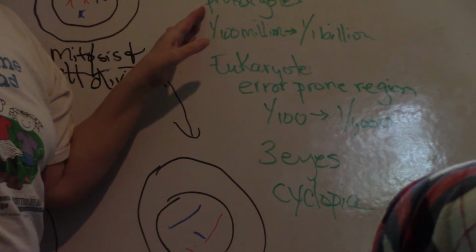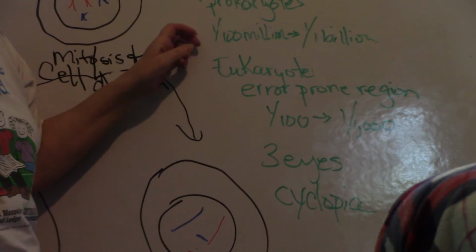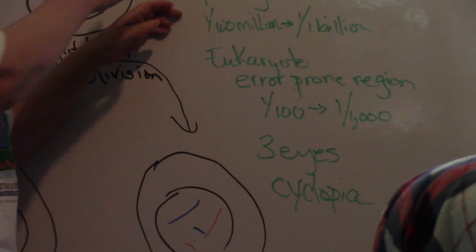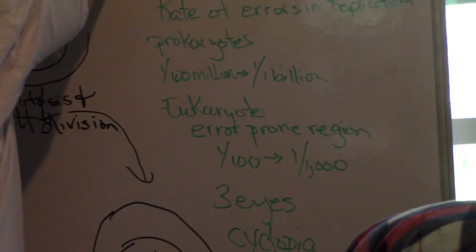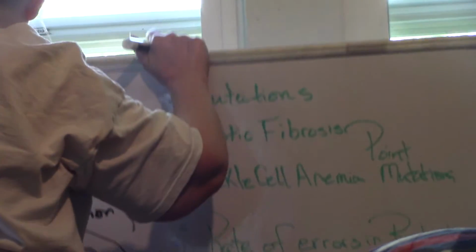But I want to go back to cyclopia. I'm going to set this down for a minute so I don't break my foot. So cyclopia with the sheep is related to what's called a teratogen. A teratogen is like a mutagen, except that it affects offspring.